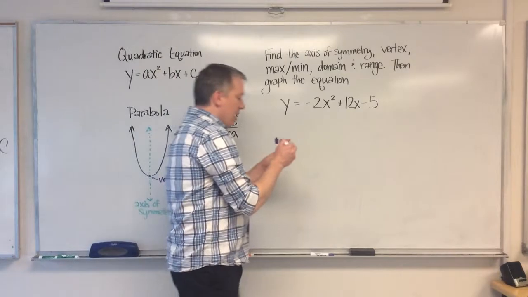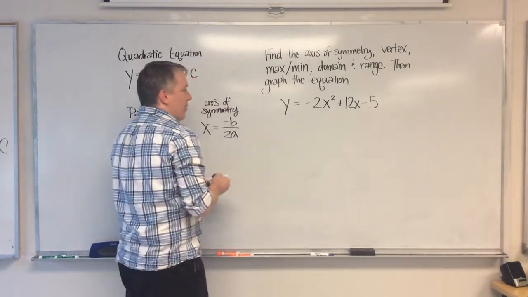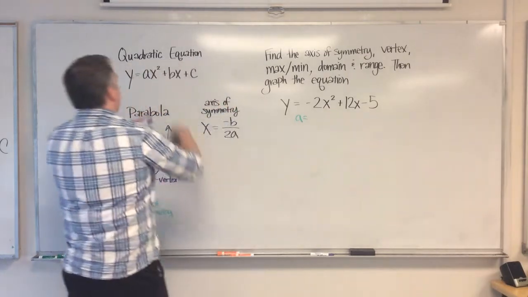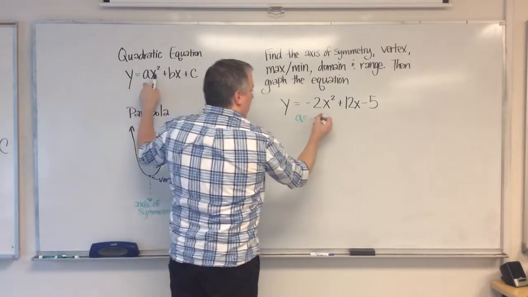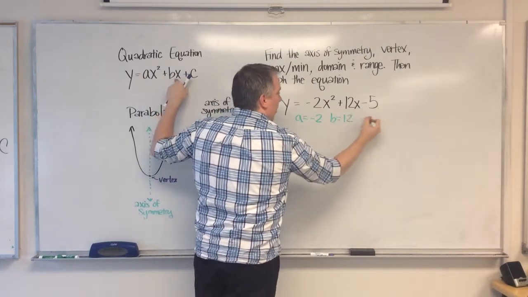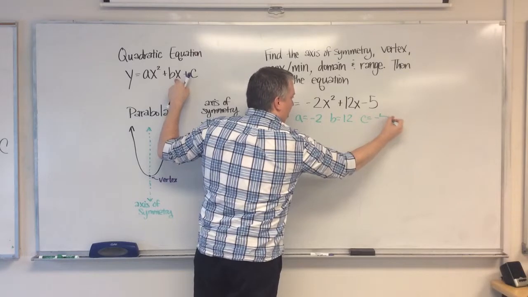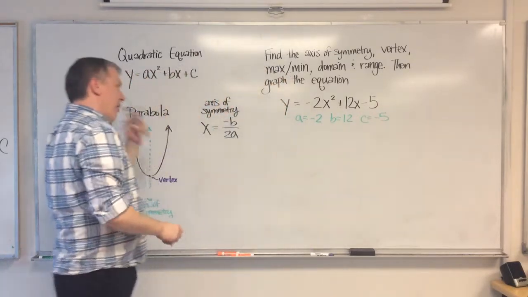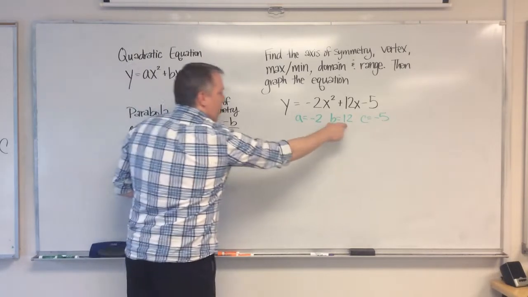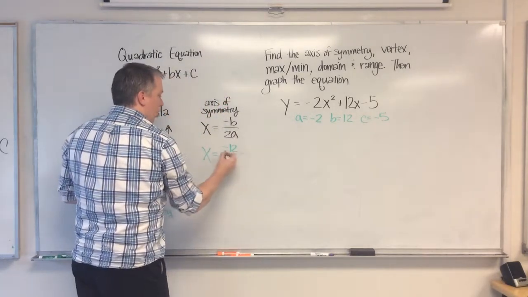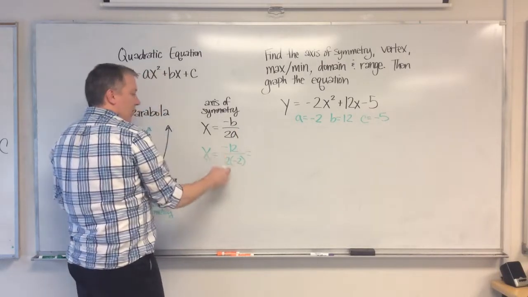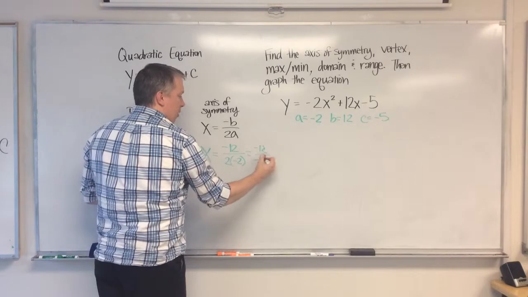If I look here, the first thing I'm going to do is identify a, b, and c. a is the coefficient in front of the x squared, so that's negative 2, which makes b the coefficient in front of x, or 12, and c is the number all by itself. Plugging those numbers in, I get x equals negative b, negative 12, over 2 times a, which is negative 2, so negative 12 over negative 4, which is 3.